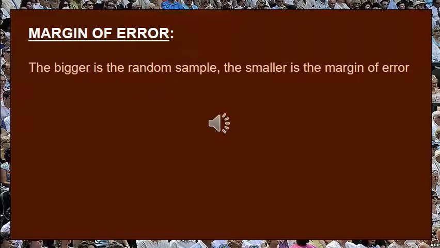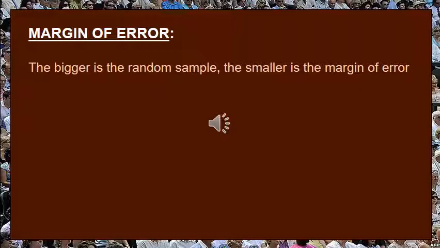And the margin of error is directly linked with the sample size with random sampling. The bigger your sample, the smaller the margin of error. So margin of error is a reflection of the variability.